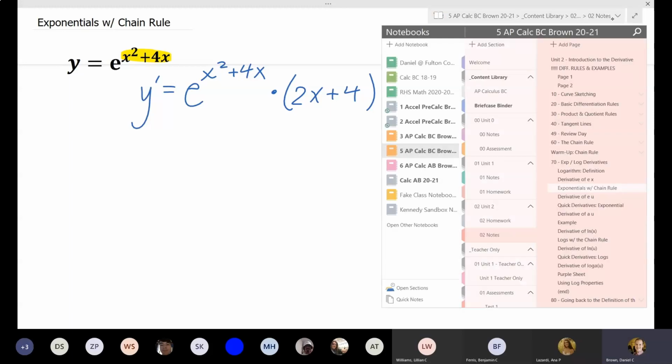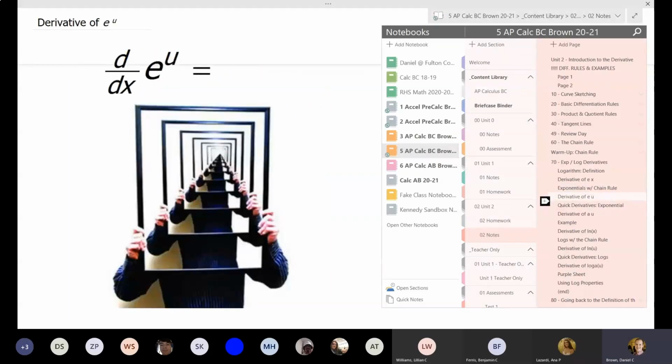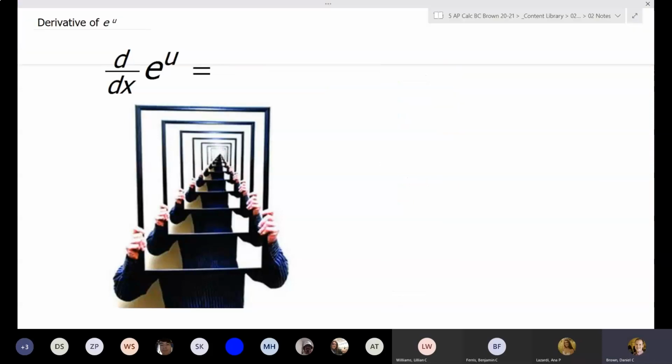Since the chain rule is pretty much going to exist for all of our functions, I am going to start writing the rule very differently. Instead of using an x in there, like saying sine of x, I'll say sine of u. So instead of saying e to the x, I'm going to start writing all of my derivative rules from now on with the u in there. And that u is just a reminder that you have to use the chain rule.